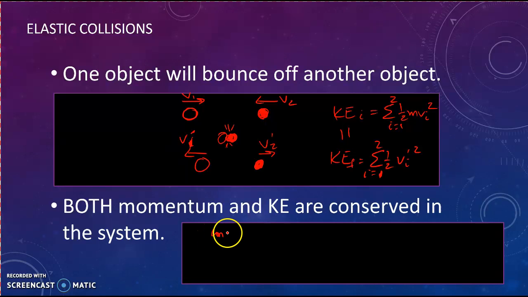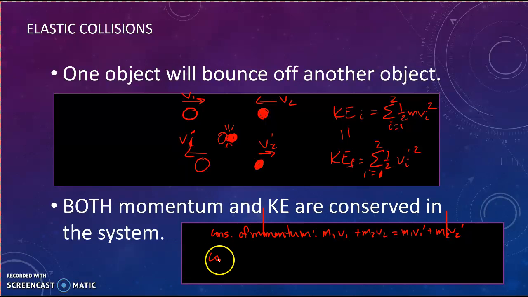One conservation law is from the conservation of momentum, and this would have the form m1 v1 plus m2 v2 will equal m1 v1 prime plus m2 v2 prime. Okay, so it's going to kind of have that form.